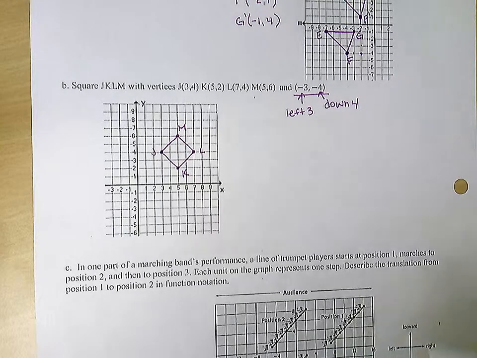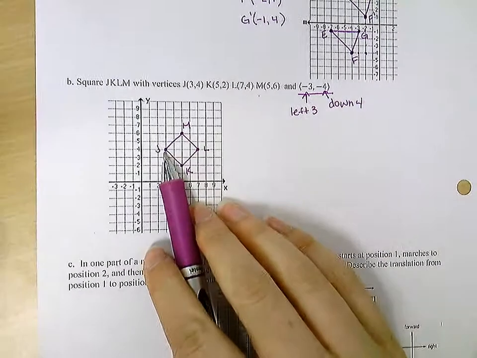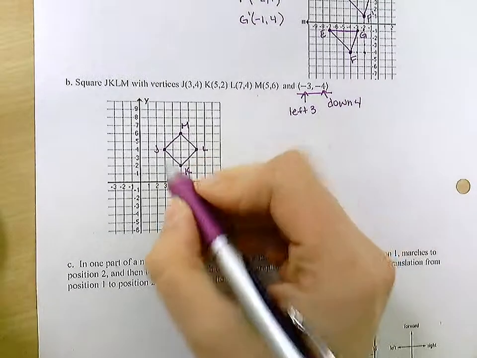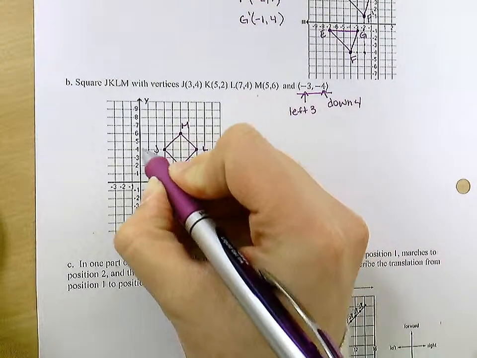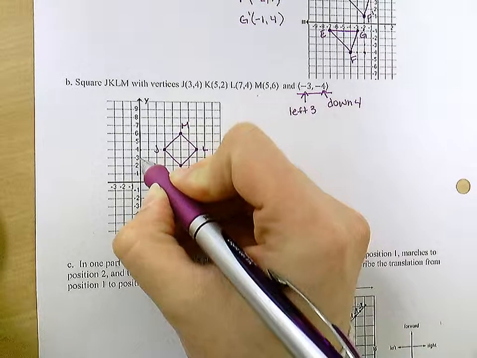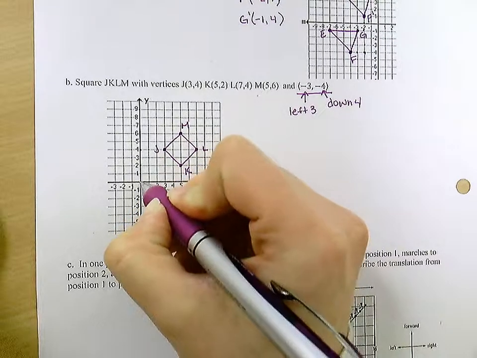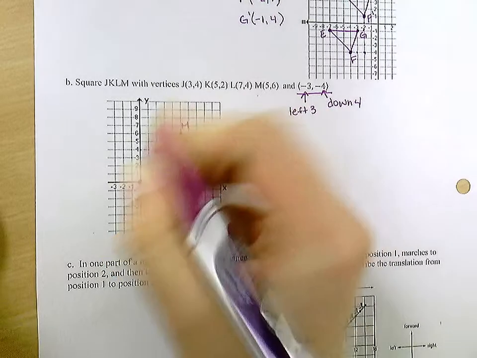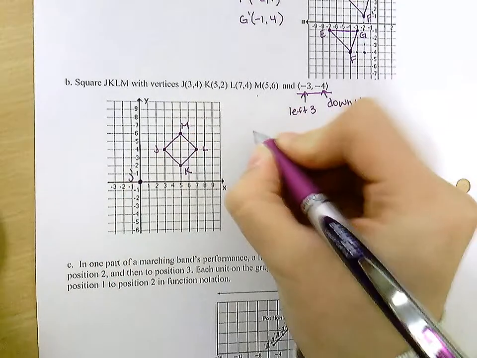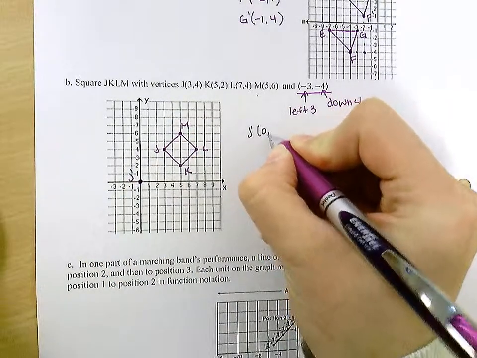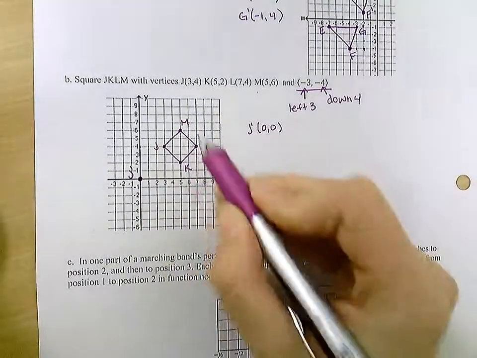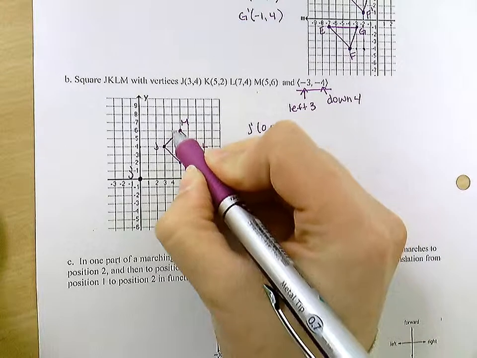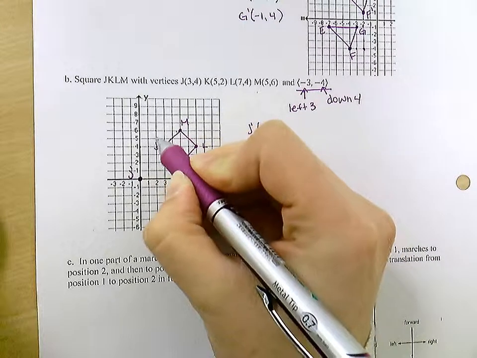So finding each of my image points, from point J I need to go left 3, so 1, 2, 3, and then down 4 from there, 1, 2, 3, 4. So J prime is going to be at 0, 0. Okay, same thing with point M. Go left 3 and down 4.